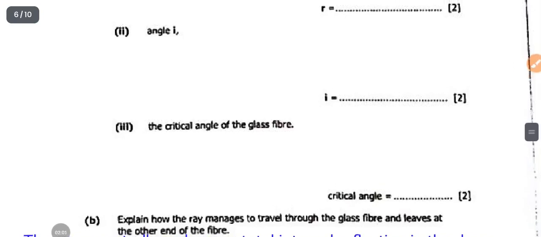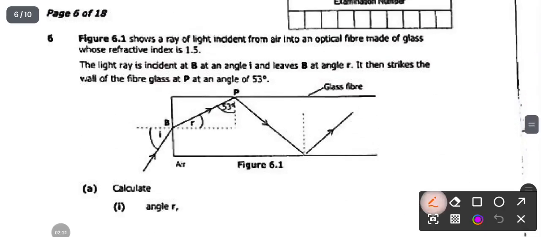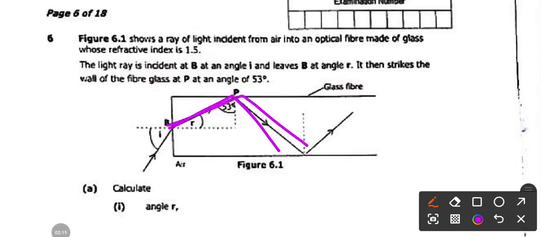Question B. Explain how the ray manages to travel through the glass fiber and leaves at the other end of the fiber. We're told to explain how the ray manages to leave at the other end of this glass fiber.